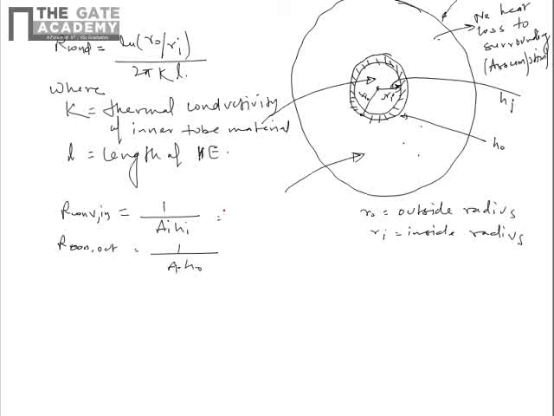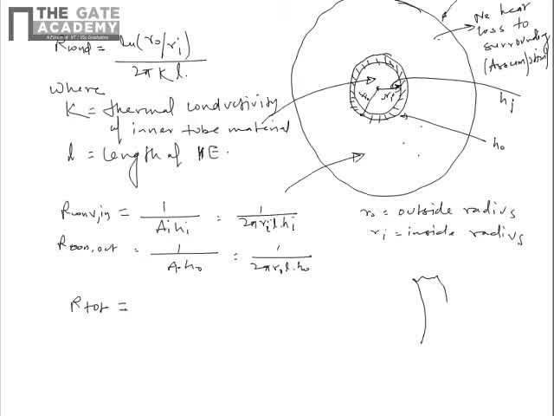If we write it fully, this will be 1 by 2 pi Ri L Hi and 1 by 2 pi R naught L H naught. So R total, if we draw the electrical circuit for this one, will be something like this.